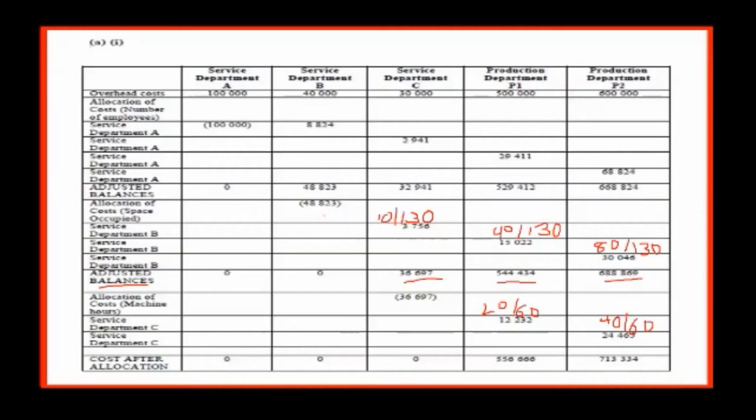And you multiply it by this figure here. Okay, now in this exercise, here at the bottom would be the allocated figures, the total allocations to the production department.